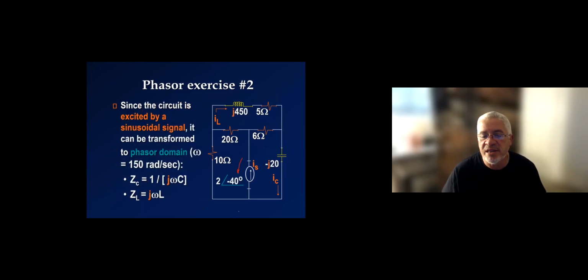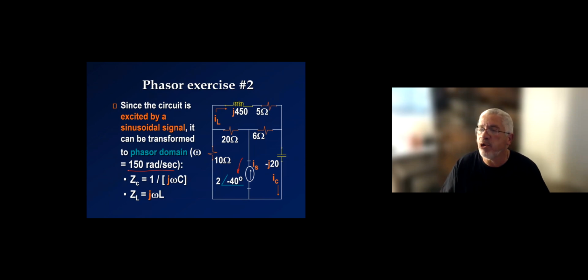So that's what you see, the Phasor representation of the source here, to be 2 at an angle of minus 40, because we converted the sine to the cosine. And then I went on and calculated, using the frequency 150 radians per second, the impedance for my capacitor and the impedance for my inductor.